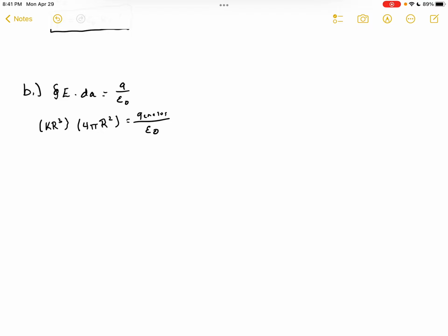So now we just simply solve for Q enclosed. It's equal to simply 4 pi epsilon naught k big R to the 5th. And that is our final answer.